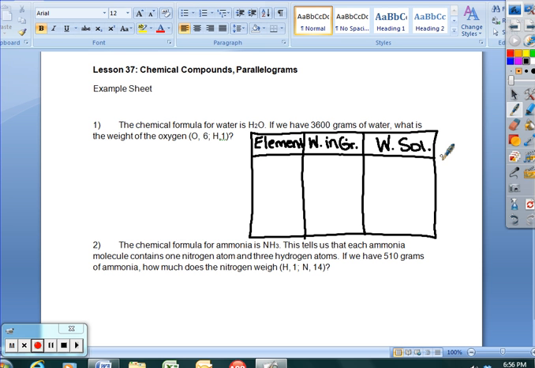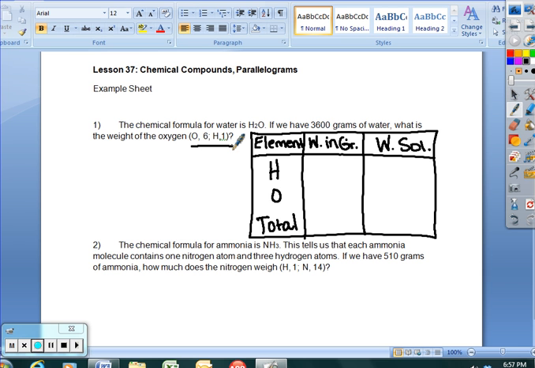All right, so we are looking at the chemical formula for water. The elements that are involved in water are hydrogen and oxygen. And then we're going to end up with a total because they combine to form water. Hydrogen, there are 2 molecules of hydrogen, each weighing 1 gram. The weight will always be given to you in the problem for these.